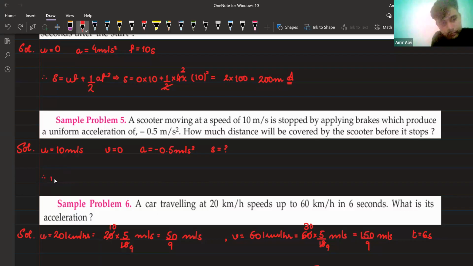Okay. v squared equals u squared plus 2as. Here, see: v squared is 0 squared, minus u squared is 10 squared, equals 2 times a, which is negative 0.5, isn't it, Naisha?